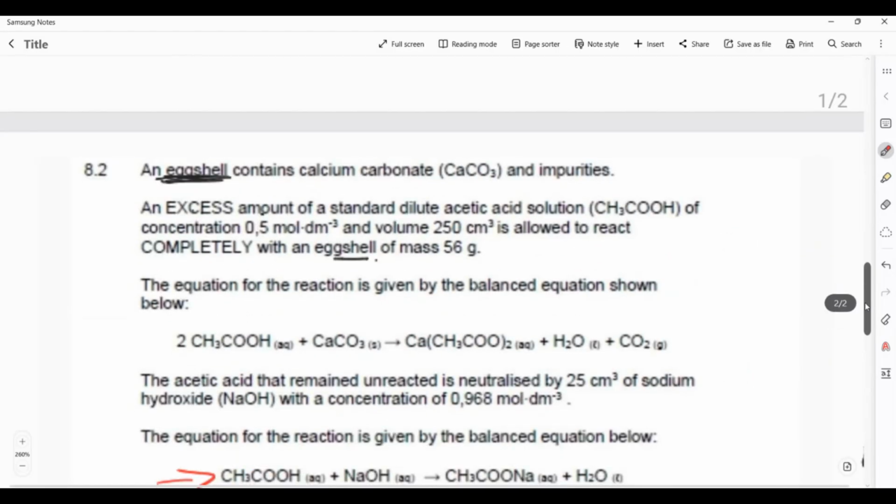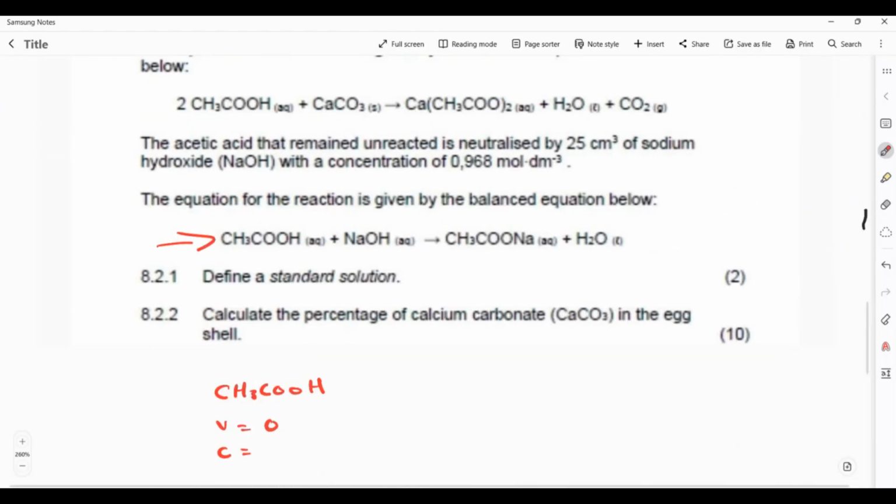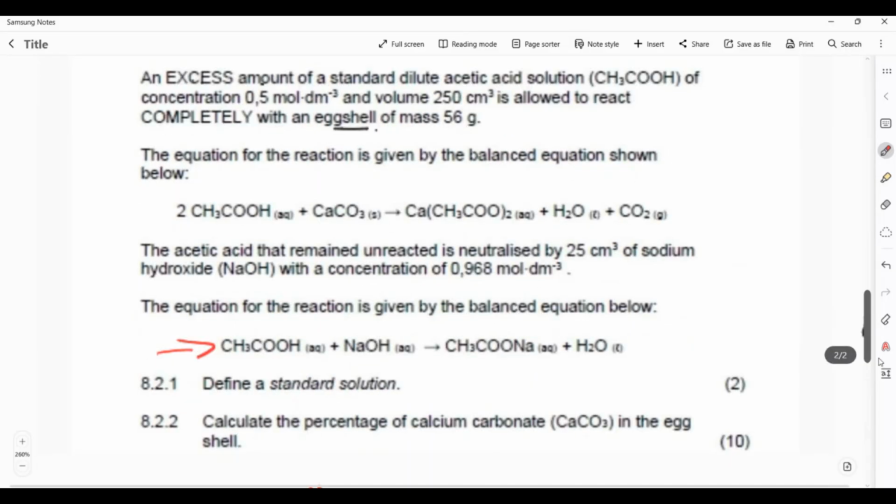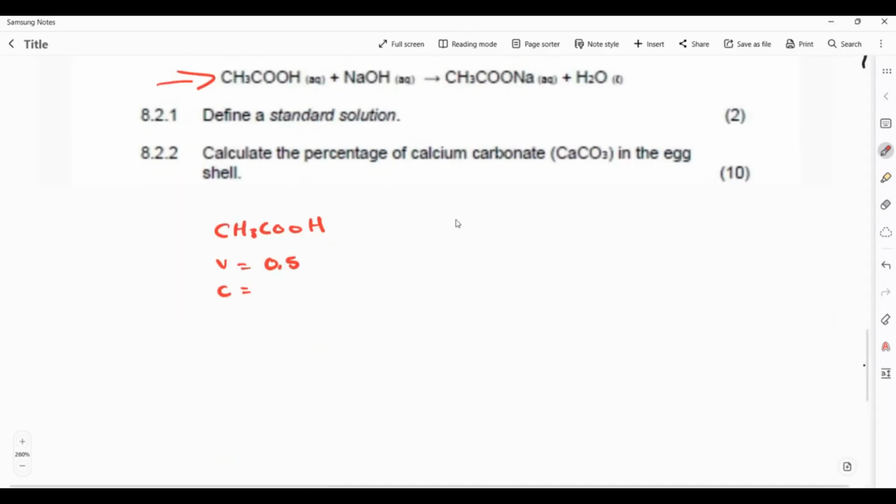Meaning the concentration was 0.5. And then the volume was what? The volume was 250 cubic centimeters. Can someone convert 250 into cubic decimeters? What is 250 divided by 1000? 0.25.